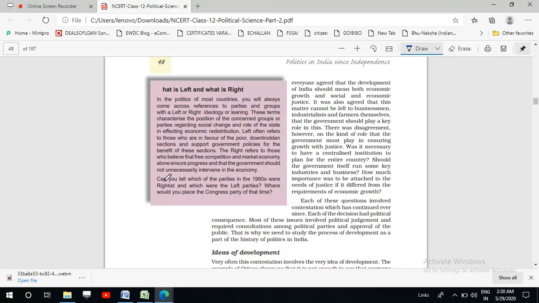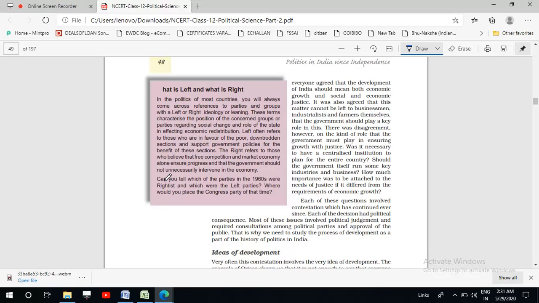We were in need of very high economic growth and development, but this economic growth should come with social and economic justice. We cannot ignore the interest of the poor section of our society. We need to adopt such models which will not only bring economic growth and development, but which will be based on social and economic justice.